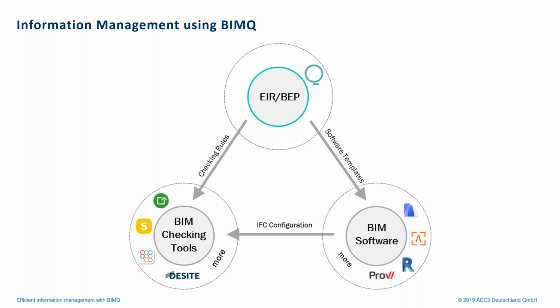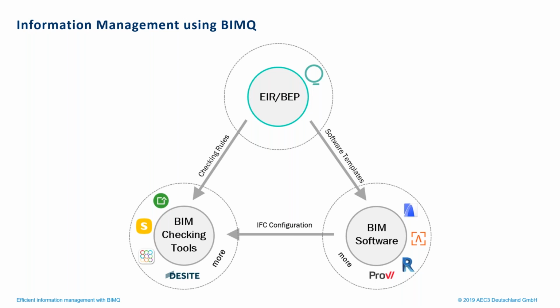On the one hand, it is possible to export all the defined requirements to the software products like Revit, Provi, Allplan, or Archicad. And the BIM modeler has the chance to use all the definitions that have been made in BIMQ.